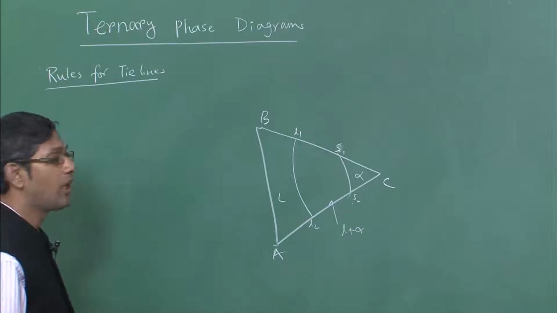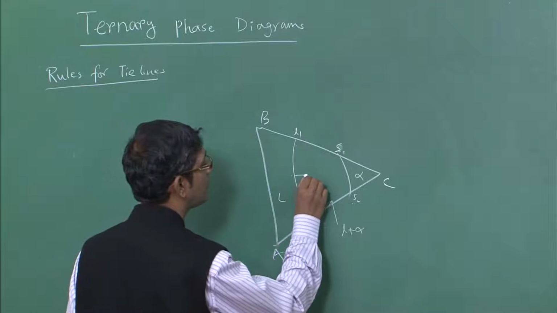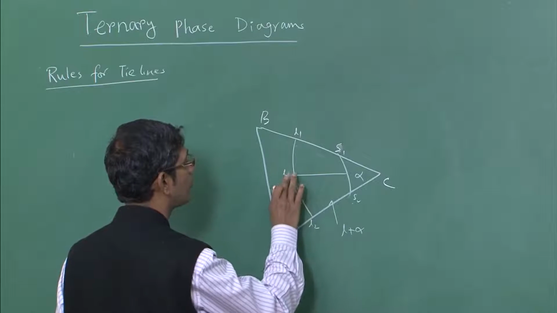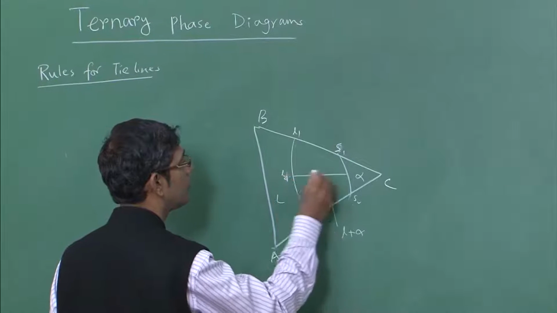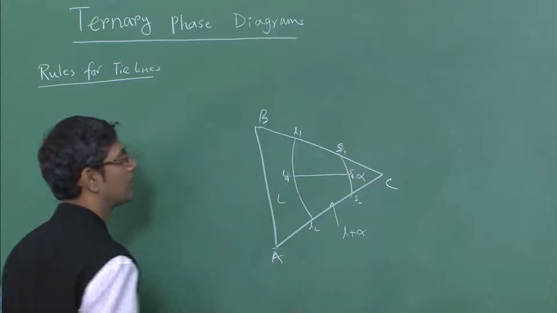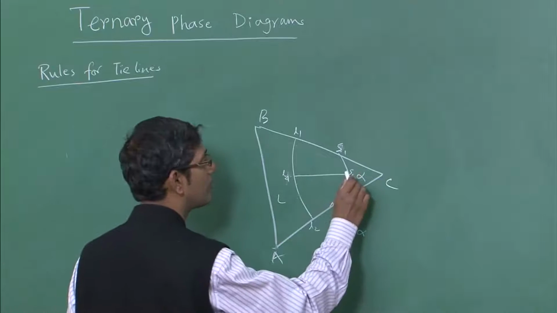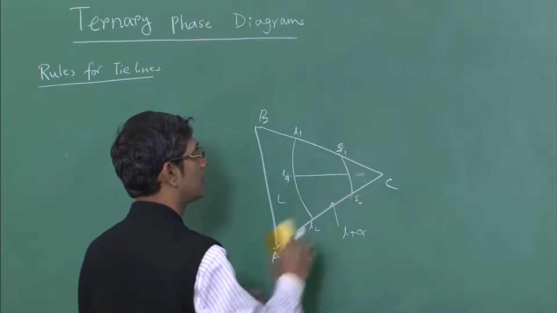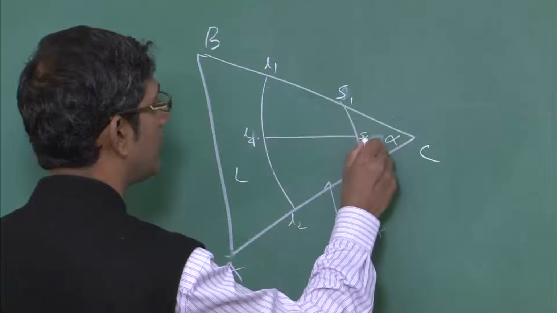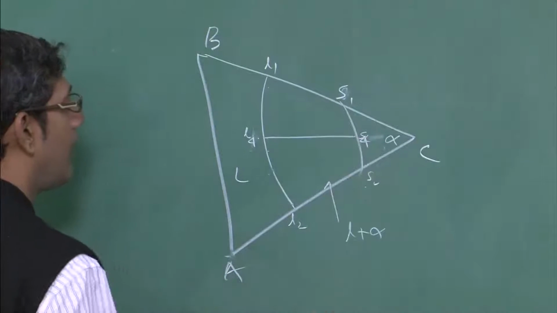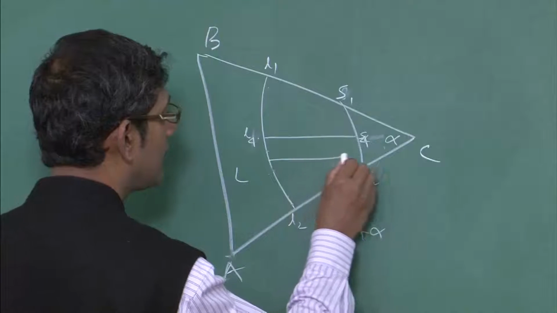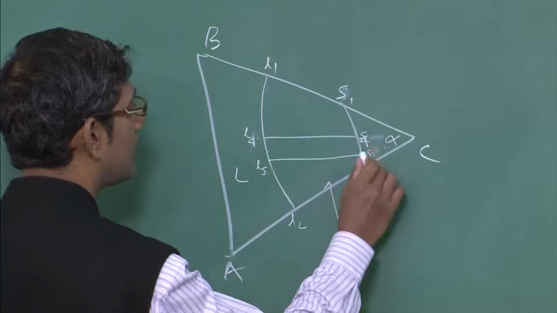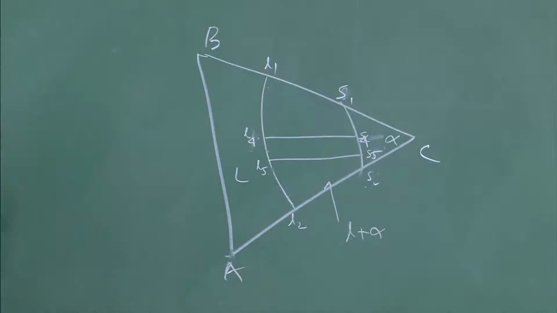Now I draw one tie line, L4 S4. Let me draw it properly. And I draw another tie line, which is L5 S5. These are the 2 tie lines which are drawn.